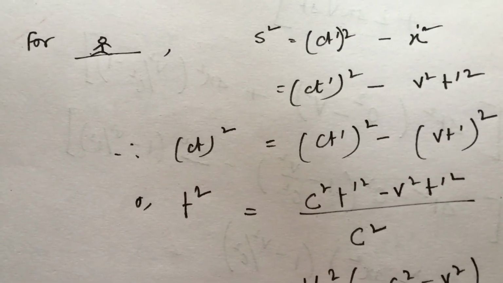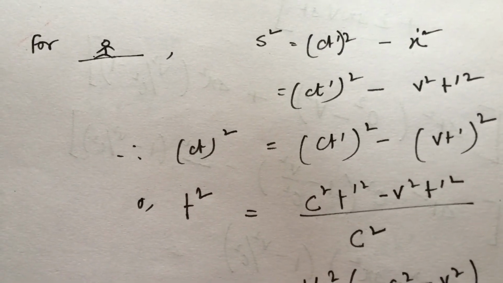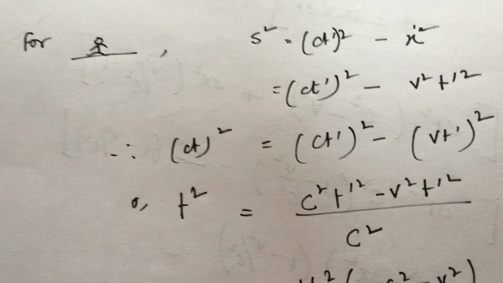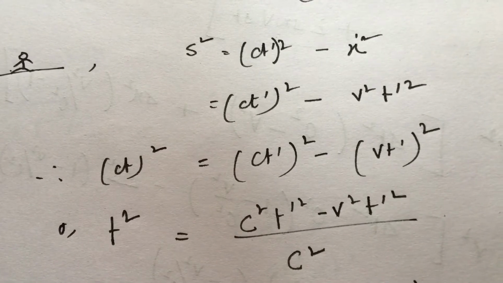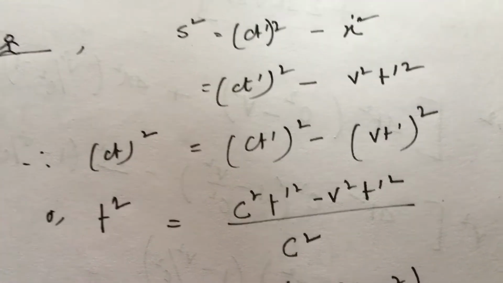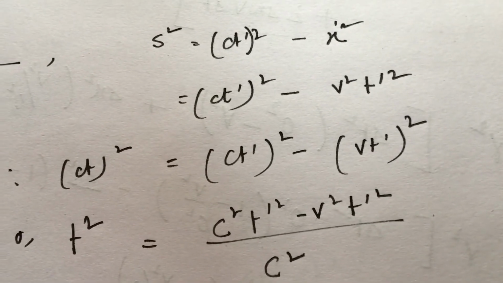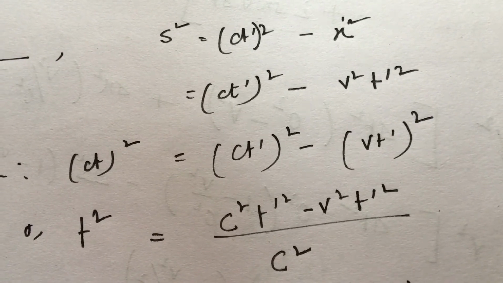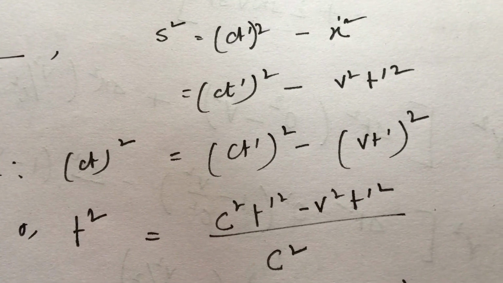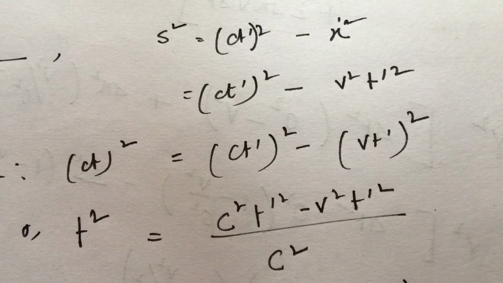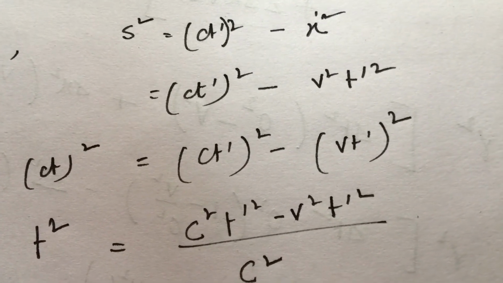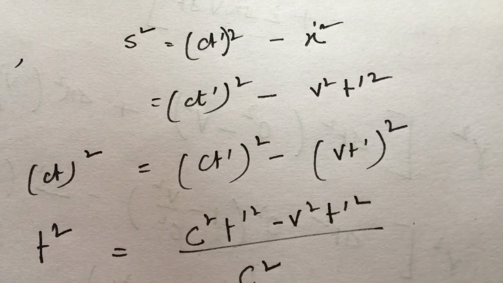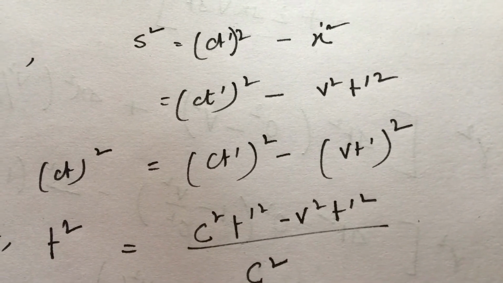So for that person, with respect to whom I am moving with a speed of 10 km per hour, s square is equal to ct prime whole square minus x prime square. As I am moving with a certain speed v, and distance equals speed into time, x prime is equal to v into t prime. So here we get ct whole square minus v square t prime square.